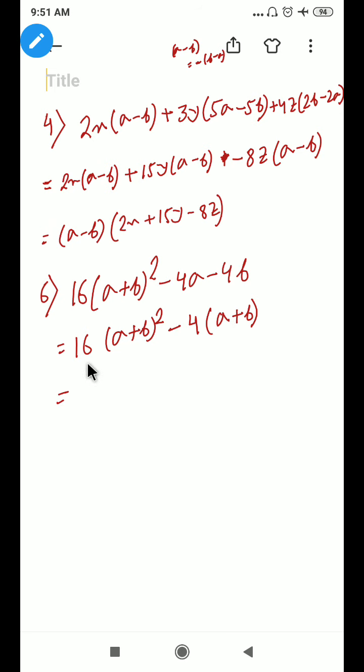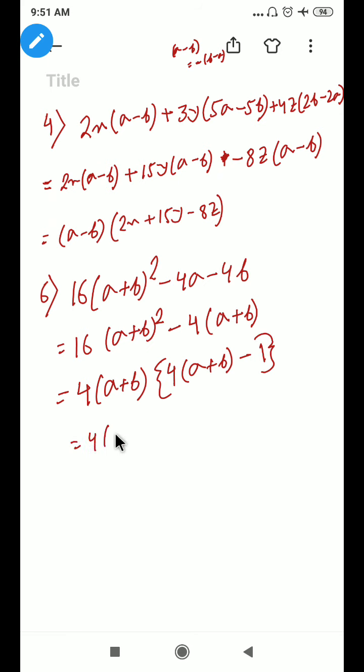Now from these two you can take common 4 into a plus b. Because I am taking common 4 from here, 4 is left here, and 1 into a plus b taking common, 1 into a plus b is left here, and from here I am taking common 4 into a plus b, so nothing is left here, that means there will be 1.